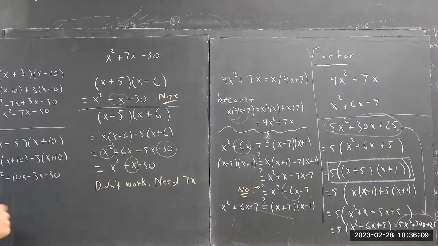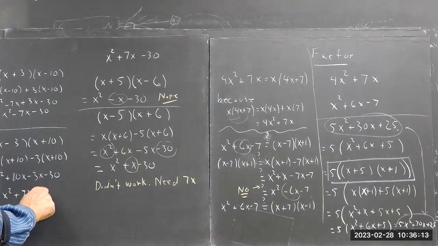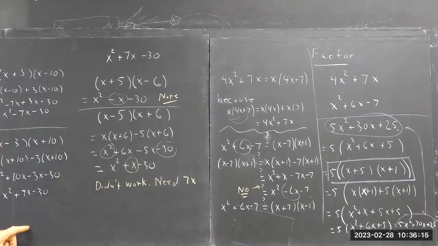We have this, and lo and behold, we don't have to try 15 and 2. We don't have to try 30 and 1 because we nailed it.